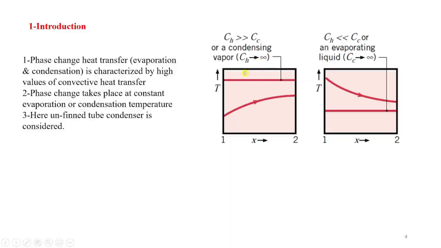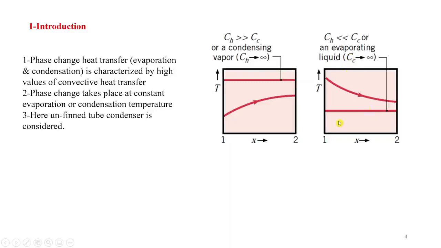So for the condenser as well as for the evaporator, the C min equals some value for the fluid which is either increasing or decreasing in temperature, and the specific heat for the other fluid, where you have a phase change, either condensation or evaporation, is a very high value.